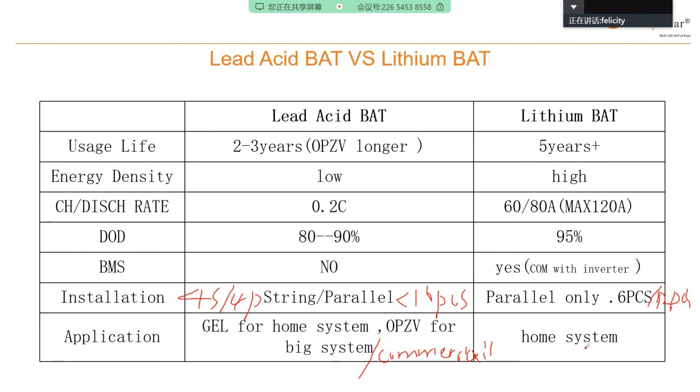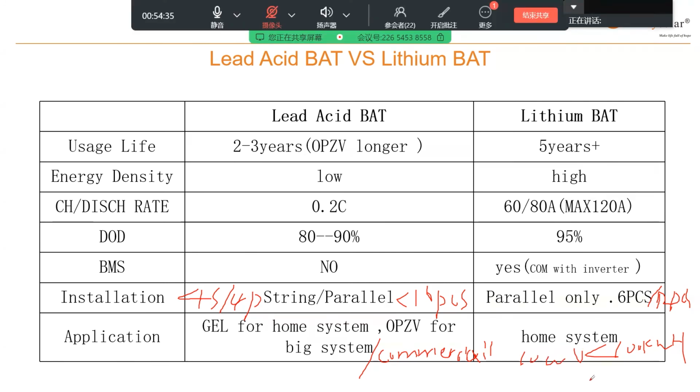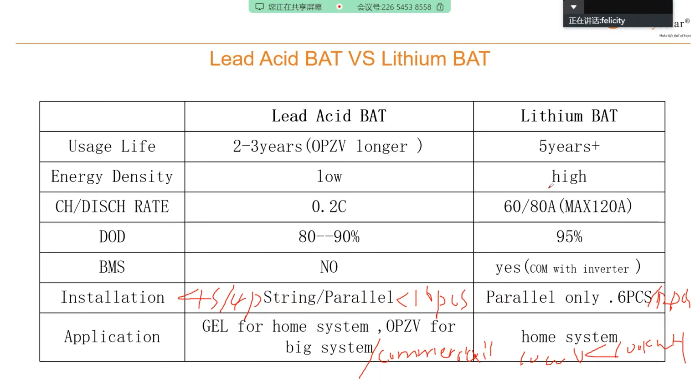Like if you need a system that's less than 100 kilowatt hours, you can consider this one, with low voltage. So this is the general comparison between lead acid and lithium battery.